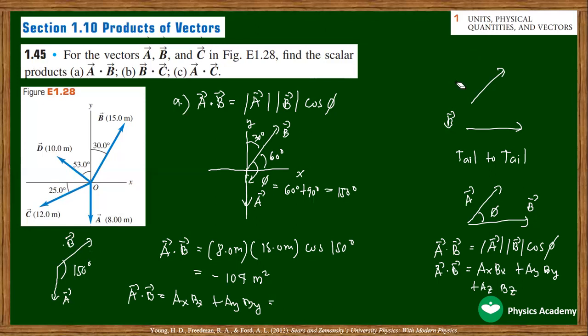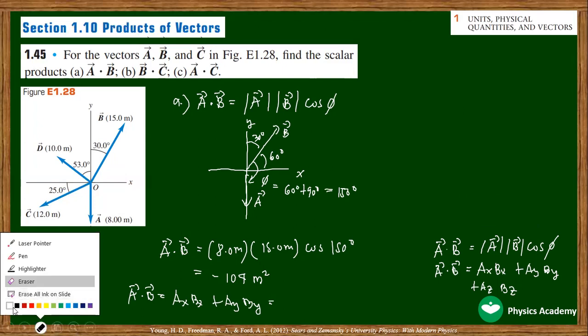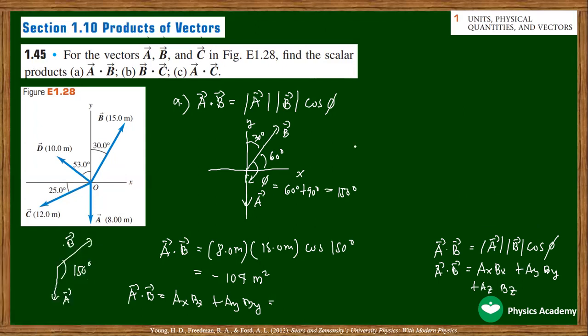We already calculated the components of A and B. Ax is A cosine of 270 degrees, which is equal to 0, and Ay is A sine of 270 degrees, which is equal to negative 8.0 meters. Watch our previous videos on components of vectors so that you can relate to our lesson.